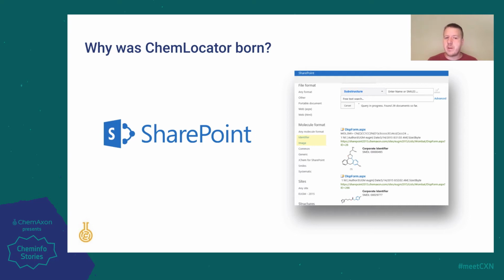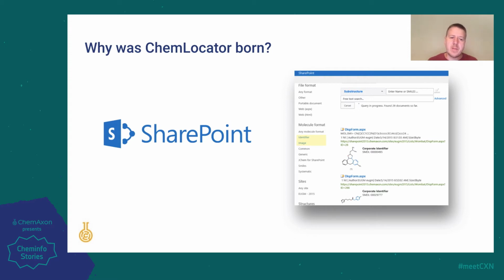But the history starts with SharePoint because previously ChemAxon had tools in SharePoint extensions for capturing chemical data and also for searching chemical data. But after a while we discovered SharePoint is not the easiest to use by the clients.